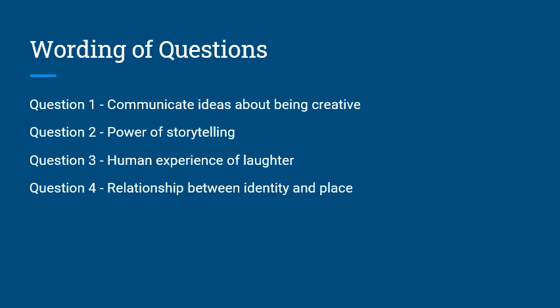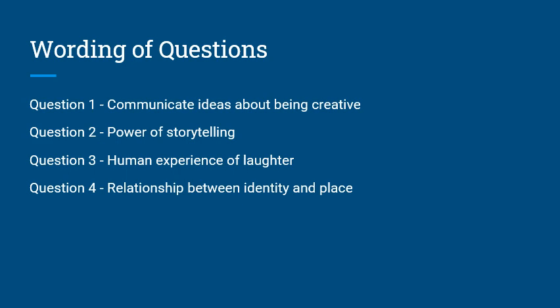So there are going to be questions that are quite accessible for all students in the state, regardless of whatever English subject they are studying. So: communication, creativity, storytelling, human experience, relationship, identity, place.